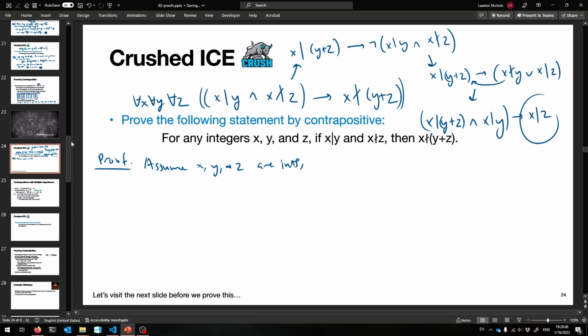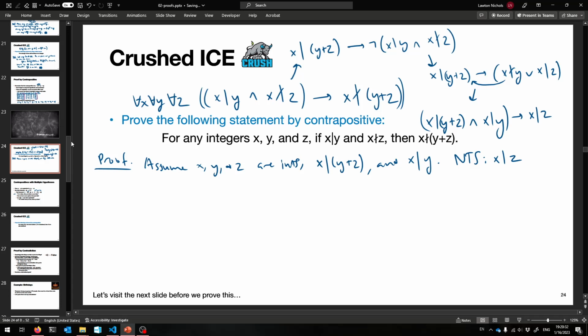We use those to show this. Isn't that nice? Now all we need to show is this final fact from all these assumptions. What we need to show to prove this theorem is that x divides z.